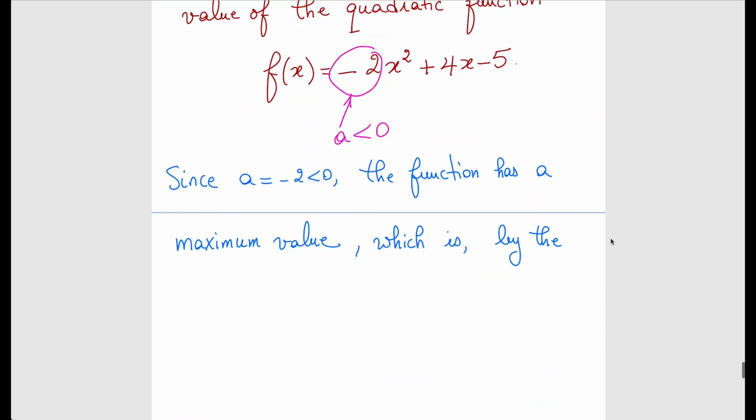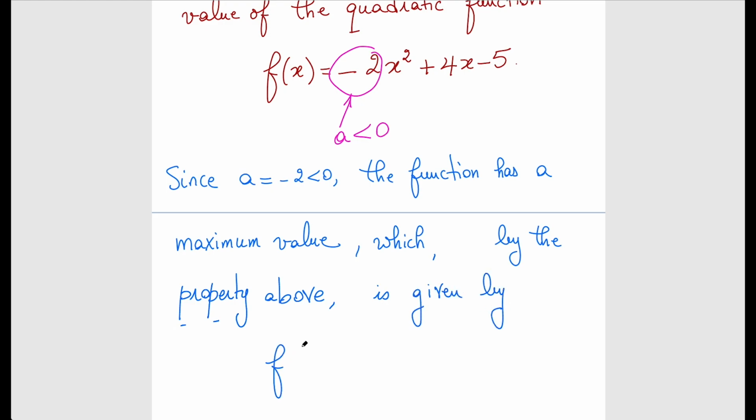Which by the property above is given by f of minus b over 2a, right?